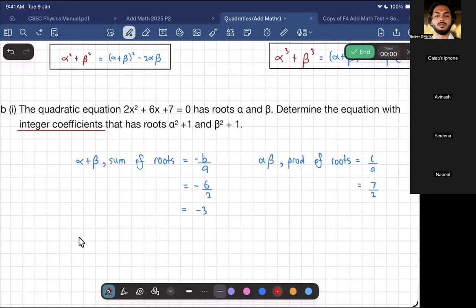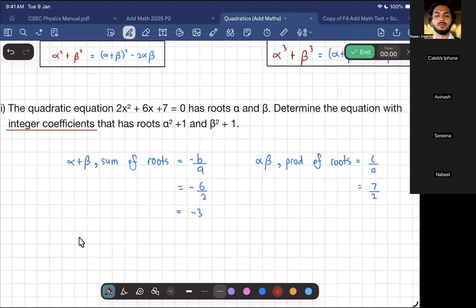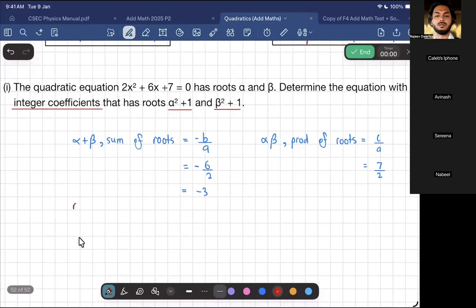Oh, sorry, sir. The roots are alpha squared plus 1 and beta squared plus 1. Right. So the new roots are alpha squared plus 1. That's one root. And the other root is beta squared plus 1.